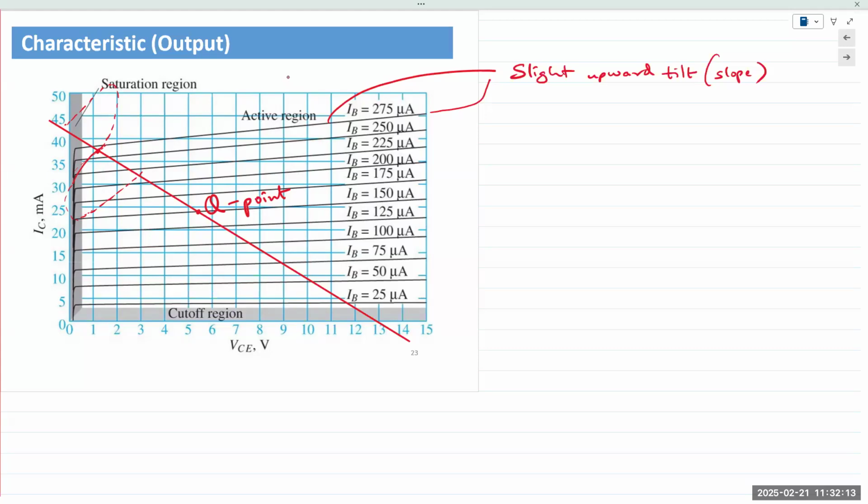Again, you would bias your transistor without any AC input signal, and your transistor would be in the active region. But when the AC input signal arrives, you might end up driving your transistor either into cutoff or into saturation. Okay, so biasing is very important.